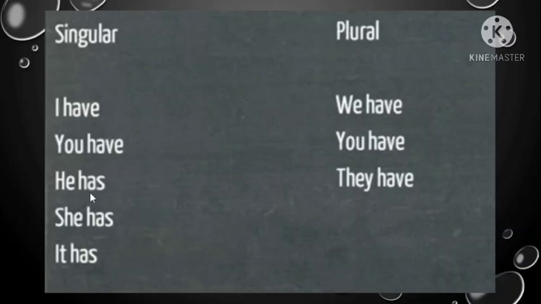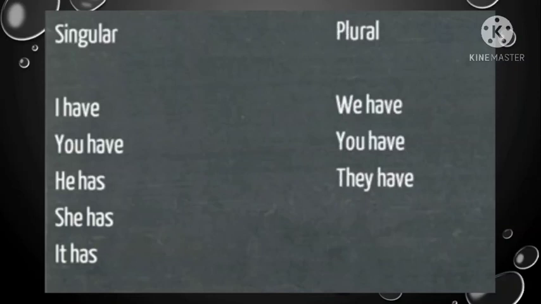And rest, he, she, it, we use has. Remember this. And if the subject is plural, for example, we will use have. You have. They have. So you have to know this very clearly. And some of you are still confused. You still make mistakes in this.